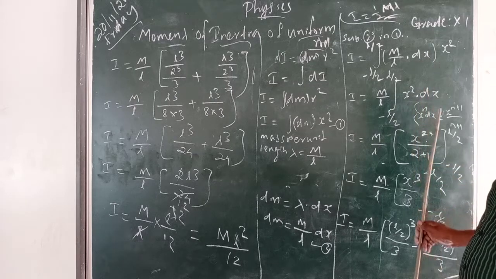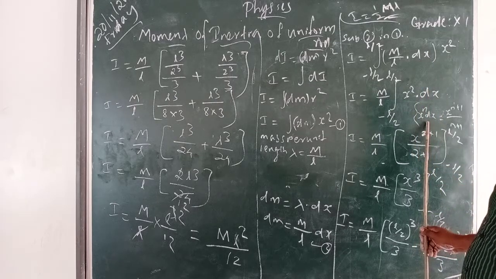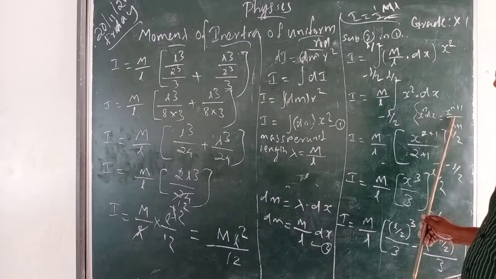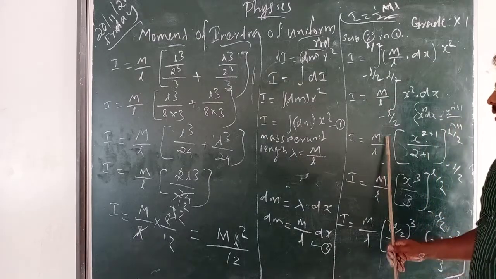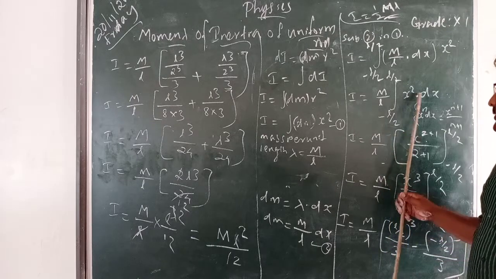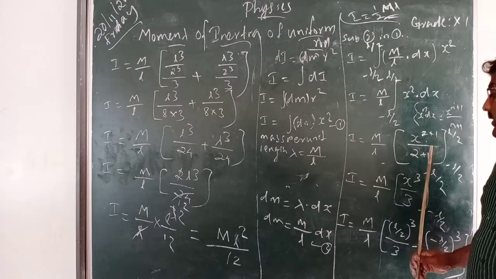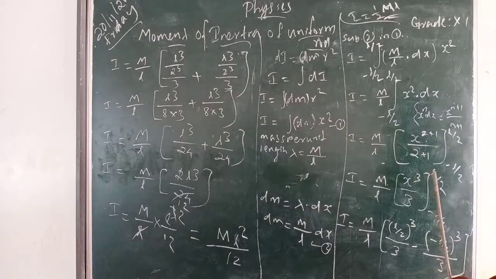Integrate this. Integration formula: x power n dx is equal to x power n plus 1 divided by n plus 1. So x power 2 plus 1 divided by 2 plus 1 is x cubed by 3.